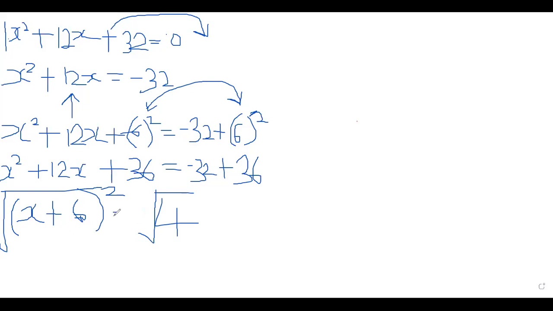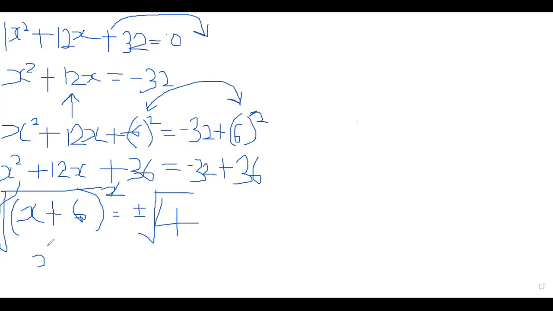So this is equal to plus minus root 4. Now, class, what is the square root of x plus 6 squared? You agree with me that this square root cancels this square, yes or no? Yes, sir.